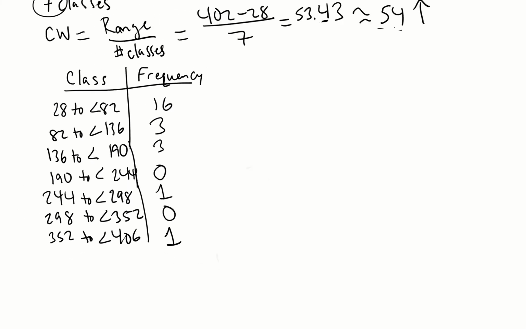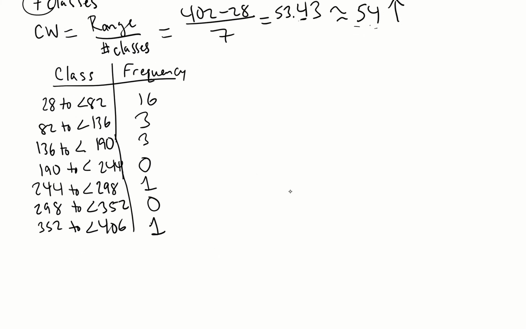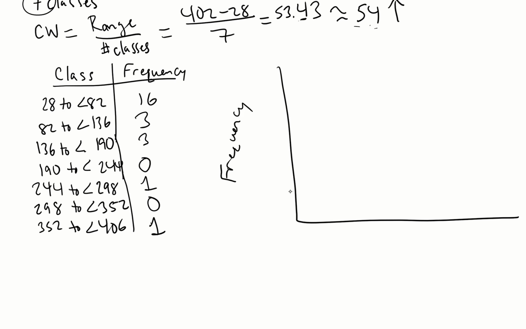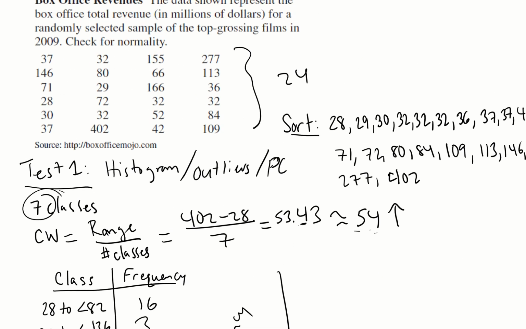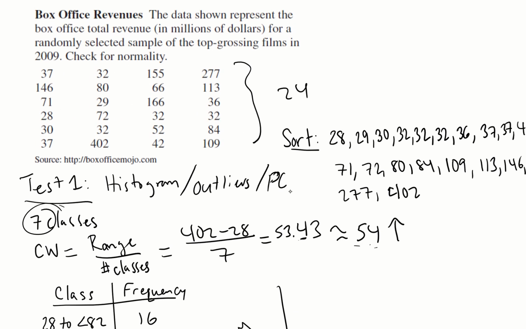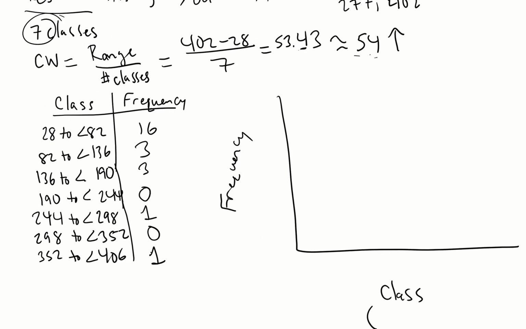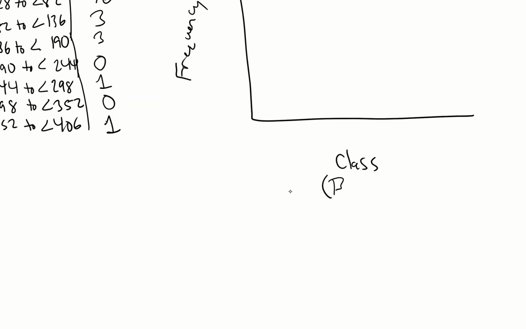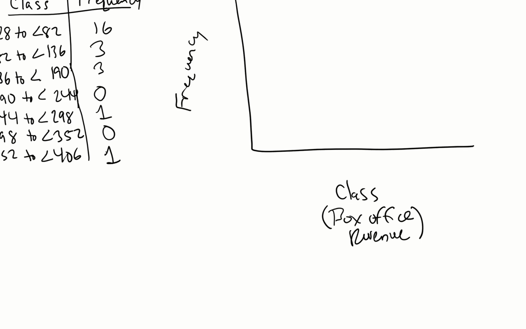So now we're going to make the histogram. Remember that the frequency goes on the y-axis, and the class, in this case, represents the box office revenue. Okay, so we got 7 classes.